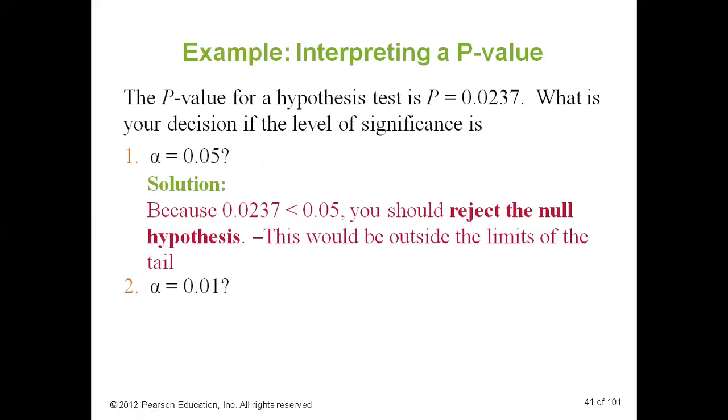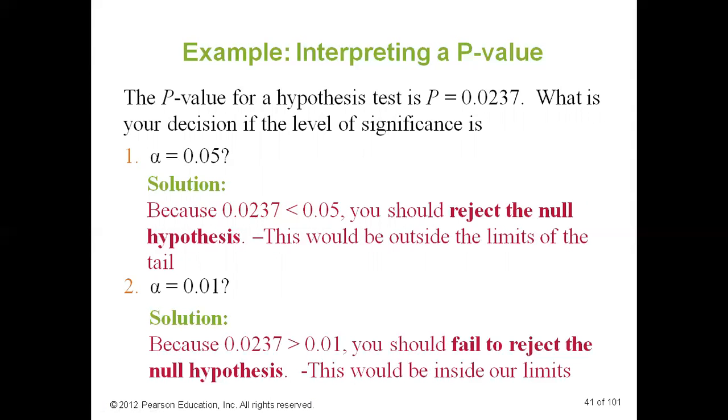If significance level alpha is 0.05, we know if p value is less than alpha, then we reject null hypothesis. So obviously p is 0.0237, which is less than 0.05, so we will reject null hypothesis. Again, for alpha equal to 0.01, p is 0.0237 but significance level is 0.01, so here p is greater than alpha, so we will accept the null hypothesis.